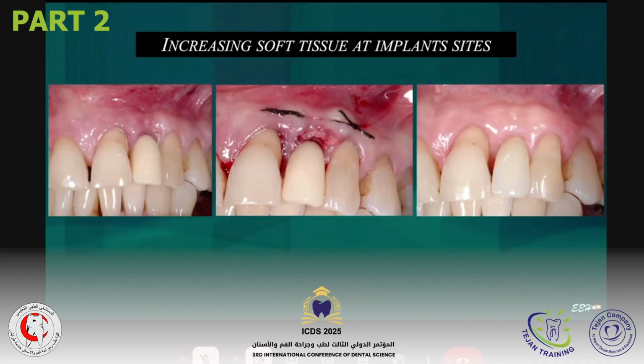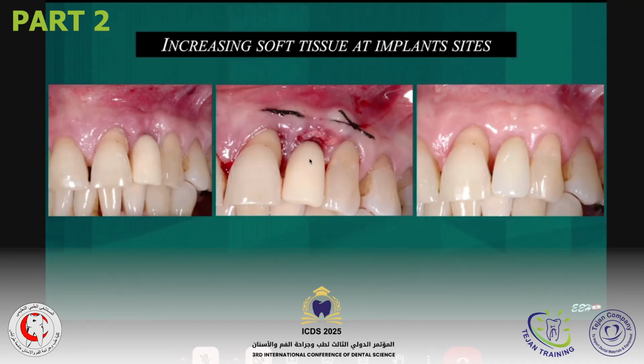I will show you now how we increase the soft tissue. If you observe this photo, we have a good osseointegration of the implant, good aesthetic of the crown, but bad aesthetic of the gingiva, and we have a big defect in this area, so the patient can't clean and maintain the hygiene in this case.